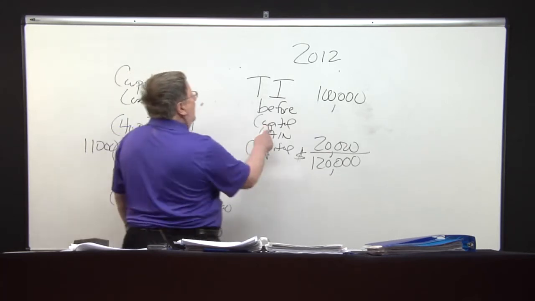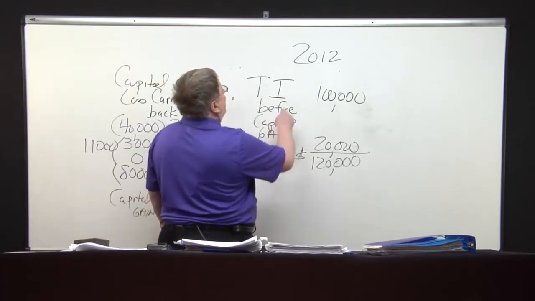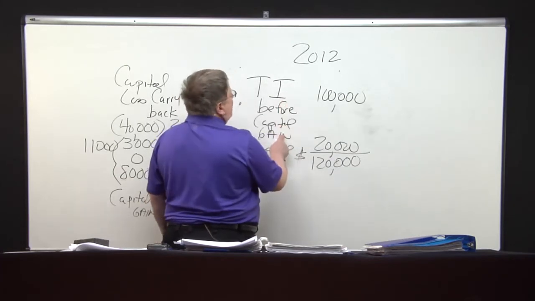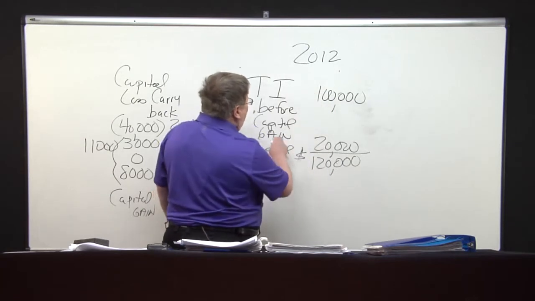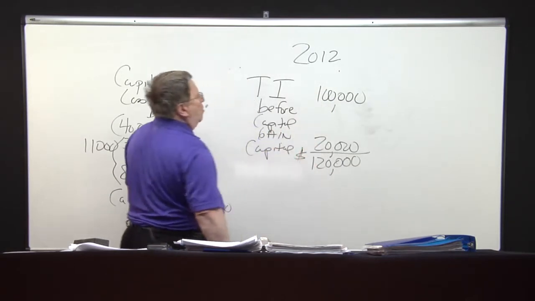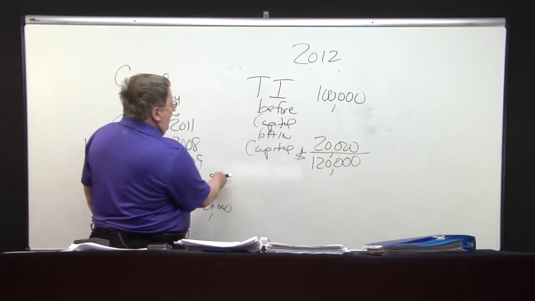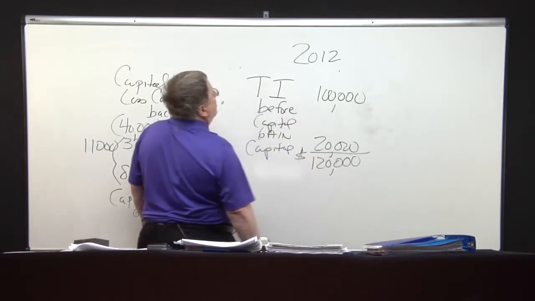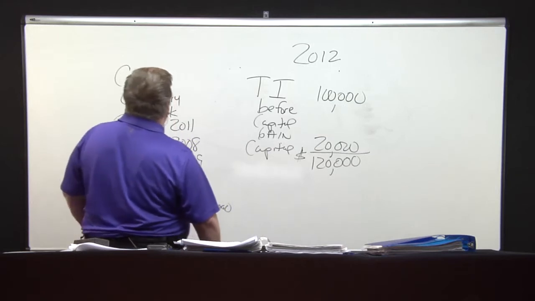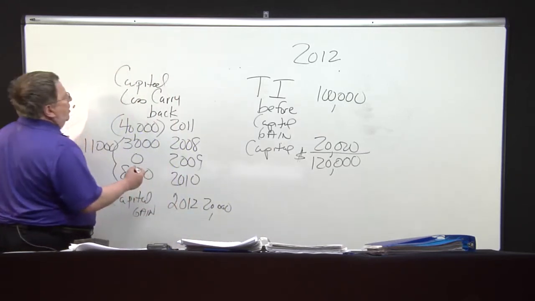By the way, capital gain is taxable for taxable income, and capital gain is taxable for book income. So the capital gain that you add to the 100 is not a reconciling item. The reconciling item is the net operating loss carry forward, which is deductible on the tax return, but not on the books.